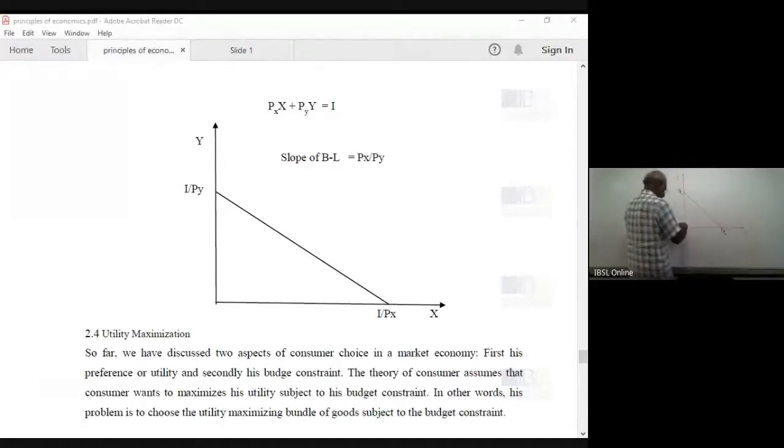For this indifference curve, the tangency point is here. This is the tangency point, where they just touch.